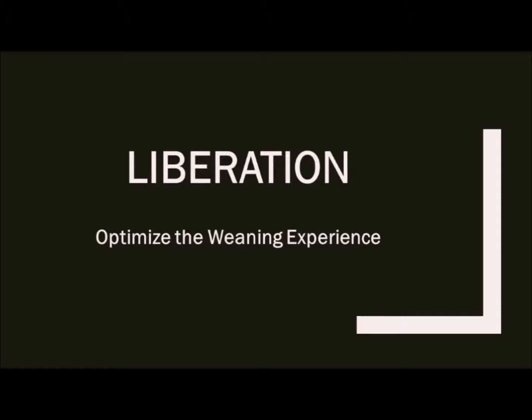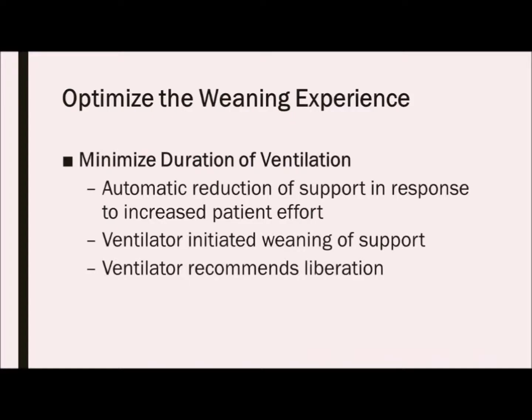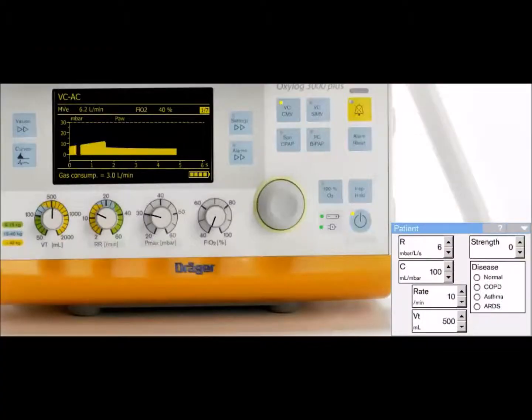Regarding the third goal, liberation, can we optimize the weaning experience? Does your mode provide an automatic reduction in support in response to increased patient effort? Does it allow for a ventilator-initiated weaning of support? And does the ventilator recommend liberation? This brings us to our last goal of mechanical ventilation, liberation, and our objective of optimizing the weaning experience.